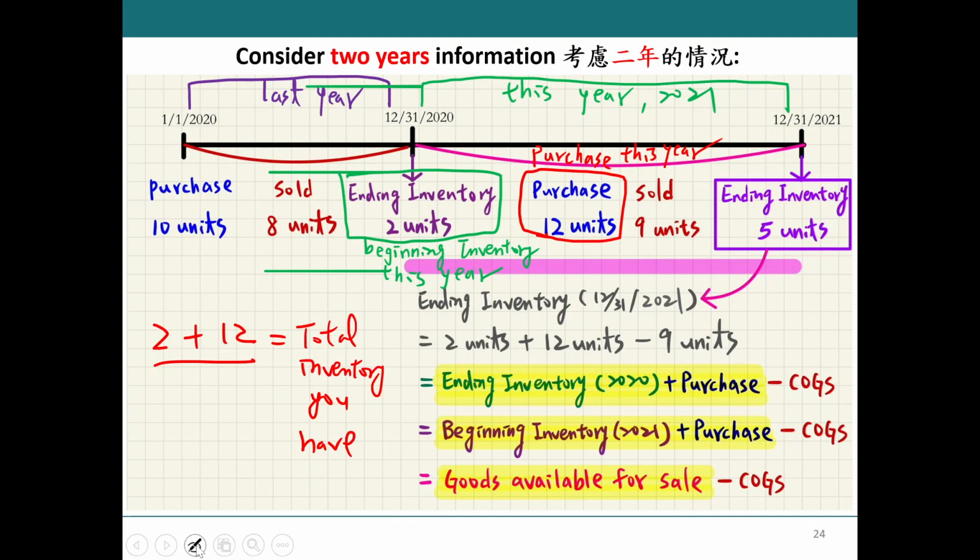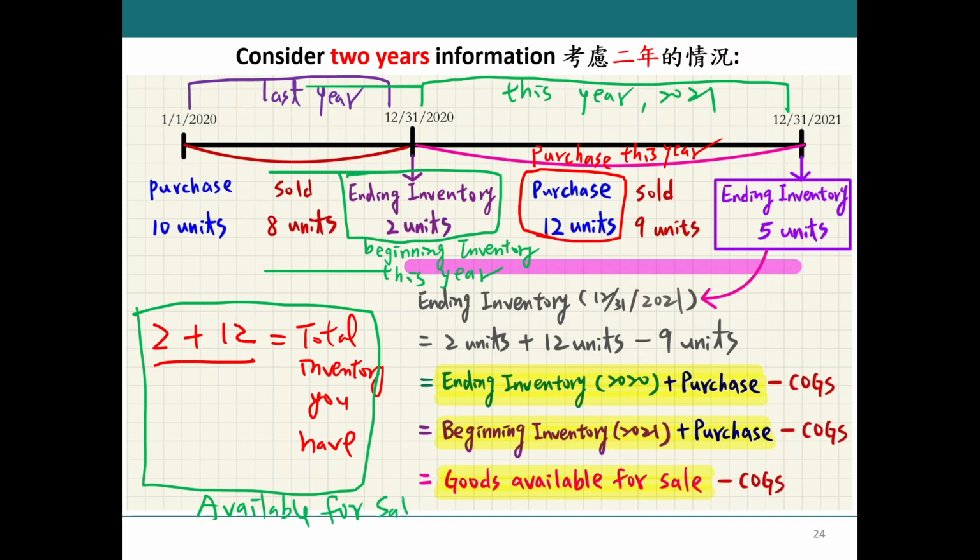So beginning inventory plus the inventory you purchase. Totally I have 14 units of inventory. I could sell it to customers.